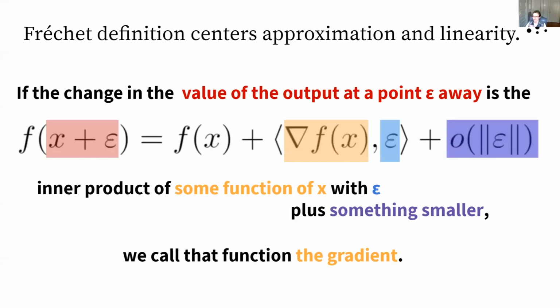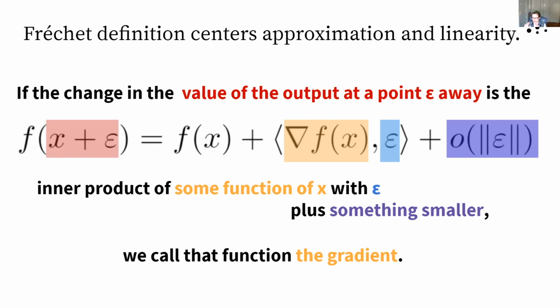So again, the Fréchet definition is going to center approximation and linearity. And what it says is that if the change in the value of the output at a point epsilon away is now the inner product of some function of x with epsilon plus something smaller, we call that function the gradient. We could call it the vector derivative or just the derivative, but people like to call it the gradient, especially in machine learning.